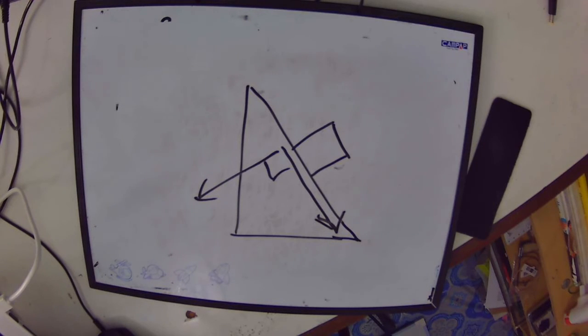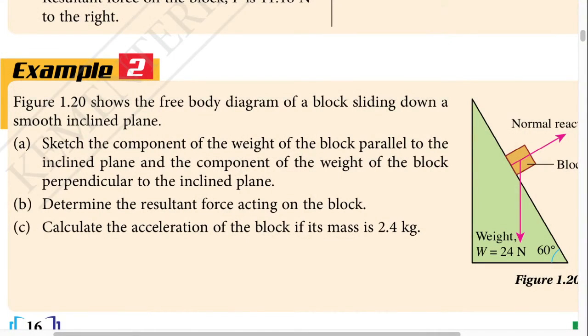So you just need to sketch it. You don't need to calculate it yet. The next thing you have to do is determine the resultant force acting on the block, and then determine the acceleration of the block if the mass is 2.4 kg. Similar concept of what you need to do. Let me show that again.